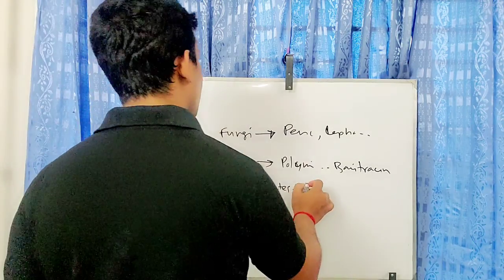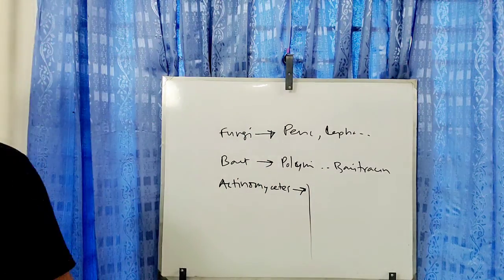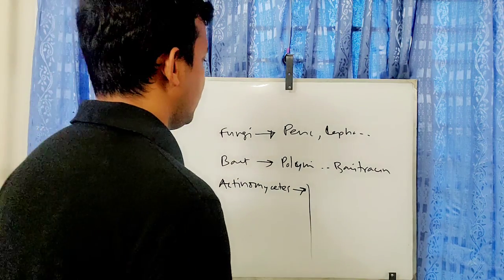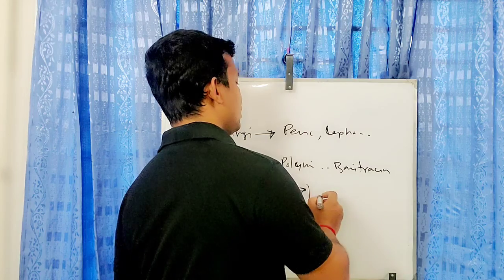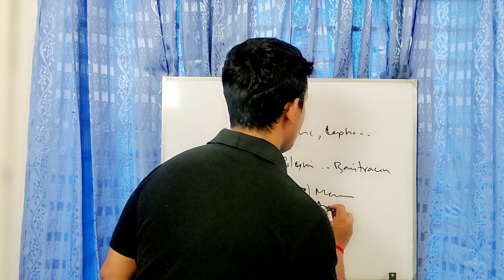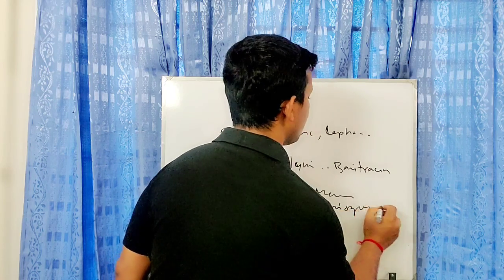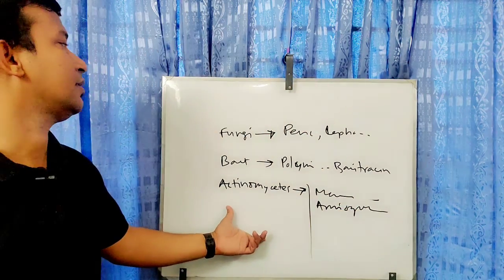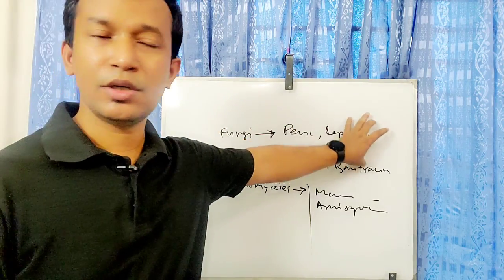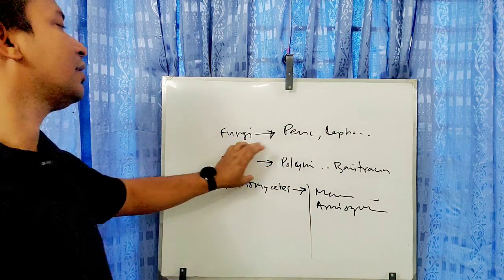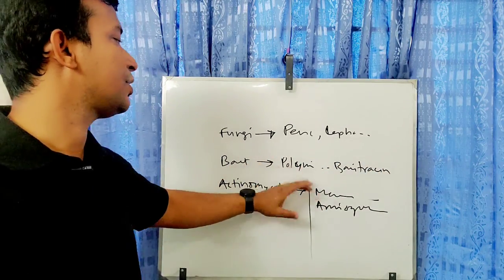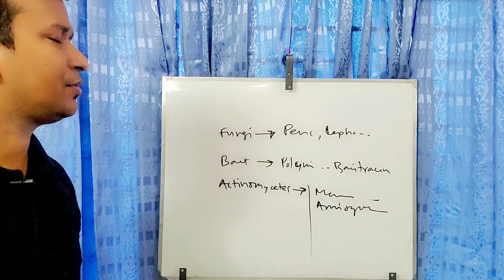Like the macrolides and aminoglycosides, the blockbuster drugs nowadays, azithromycin, the macrolides group, then the aminoglycosides group, are produced by the actinomycetes. So from fungus we get penicillin, cephalosporin, from bacteria we get polymyxin, bacitracin, etc. And from actinomycetes we get macrolides, aminoglycosides, and many other things.